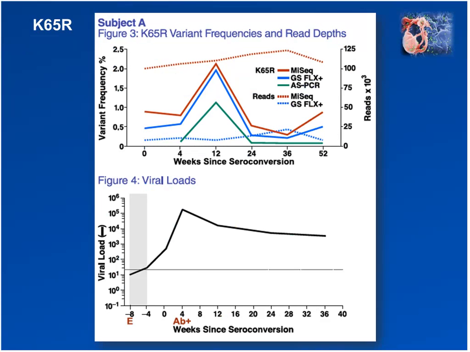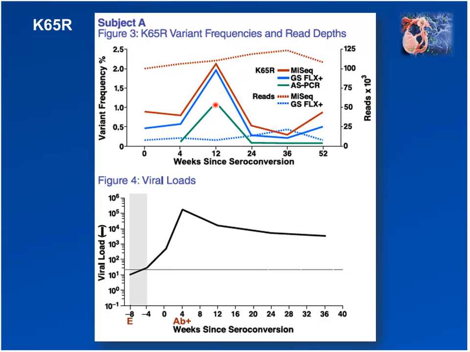And lastly, subject A, same drug-resistant site, K65R. Again, you can see both platforms are even more concordant in this case, very close to each other across the sampling time frame.